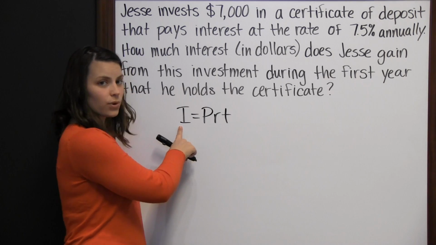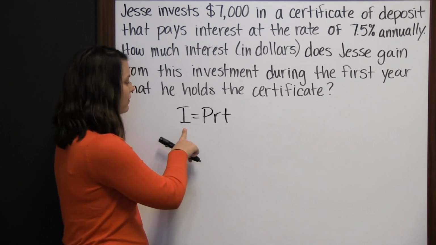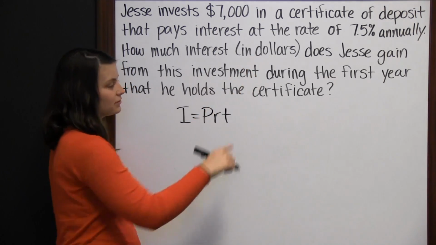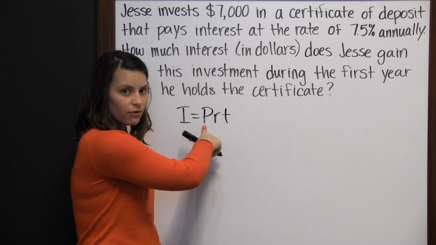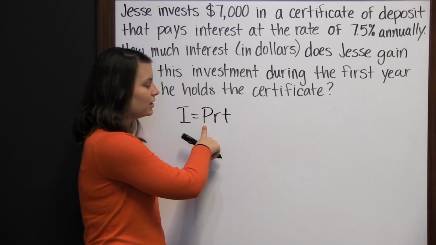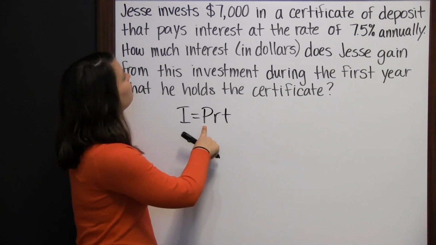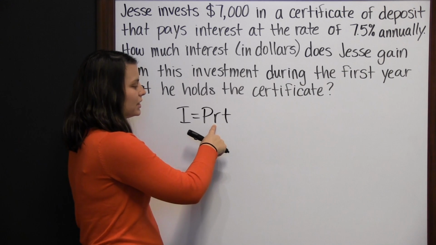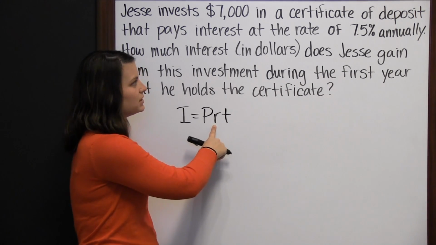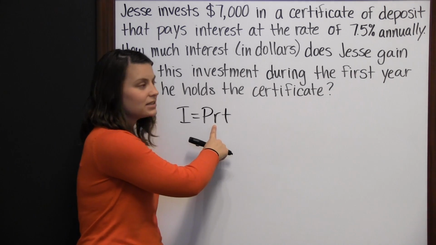The I stands for the interest, the amount of interest in dollars, like what we're trying to find. P stands for principal, or the amount that's being invested initially. That would be our $7,000. The R is the rate, or the percentage, but written as a decimal.